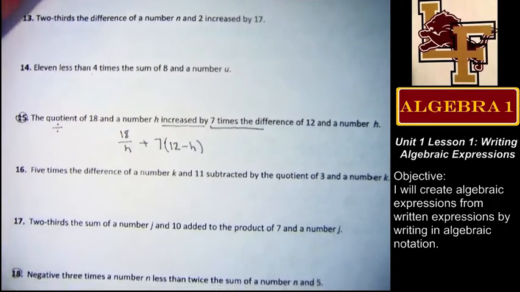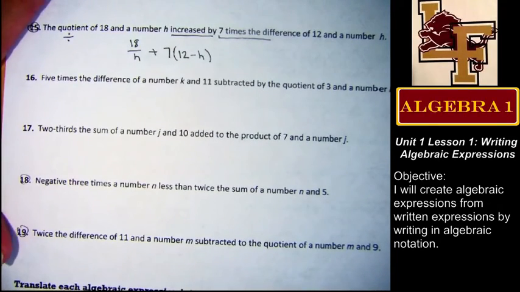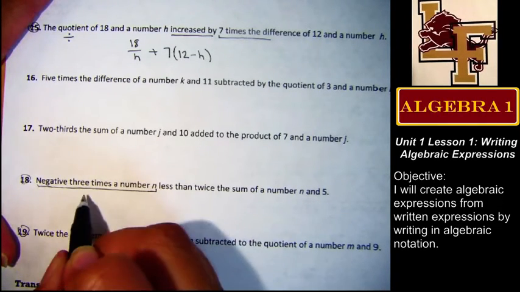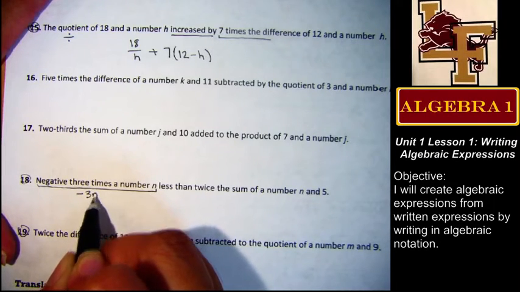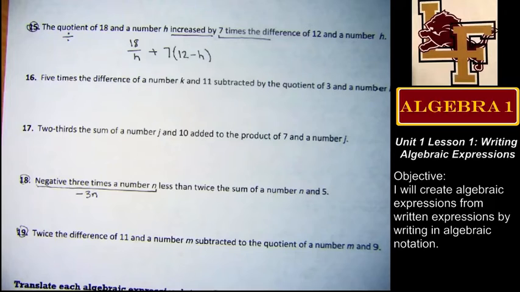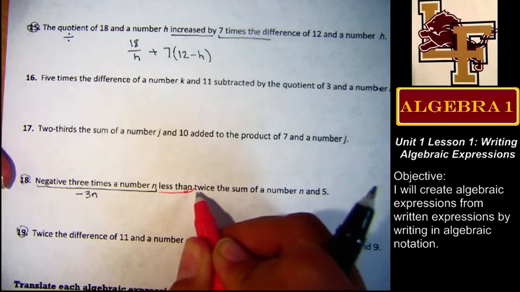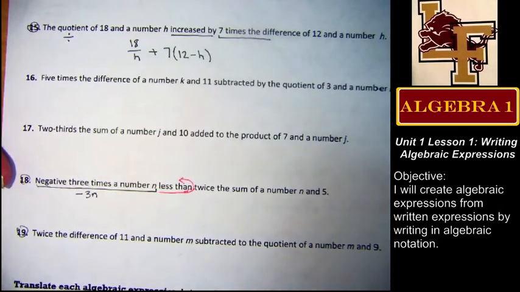All right, 18. Negative 3 times a number n. How would I write this? Negative 3x. Or n. That's okay. You've got your go-to variable. I'm happy about that. Less than is minus. Less than means reverse the order, and the operation is?